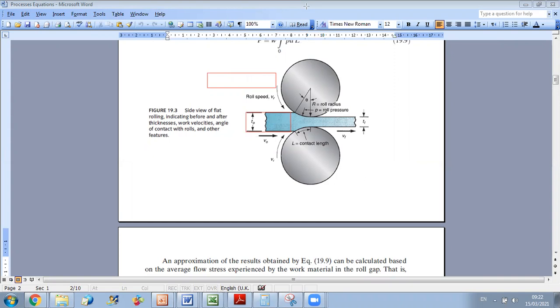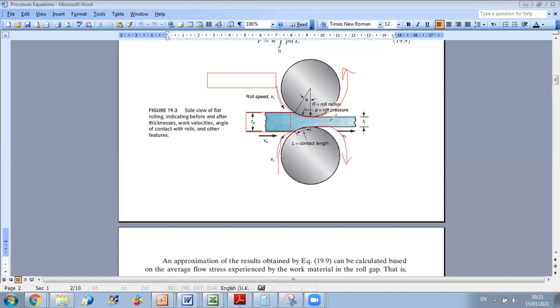The two rolls are moving in opposite directions. This roll is moving with an angular velocity in the counterclockwise direction, while the bottom roll is moving with a clockwise angular velocity.